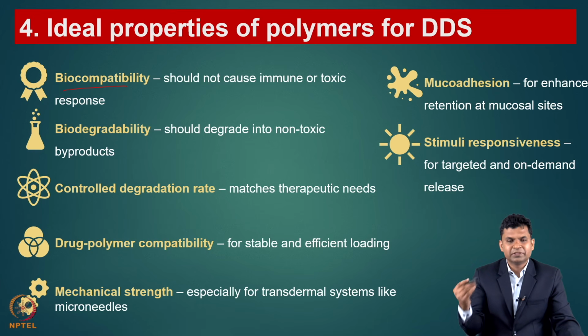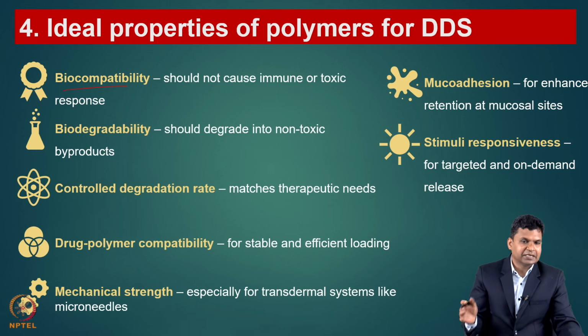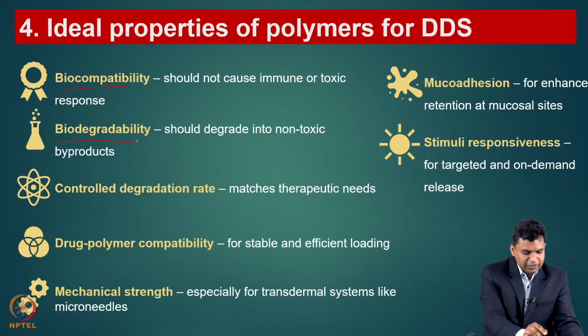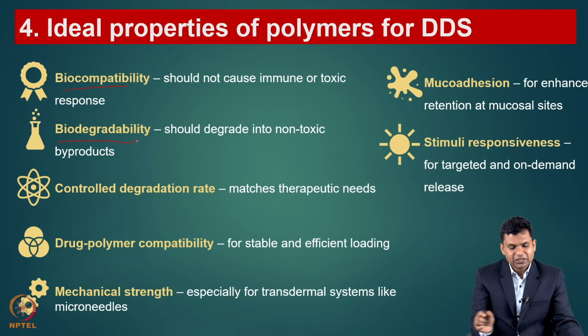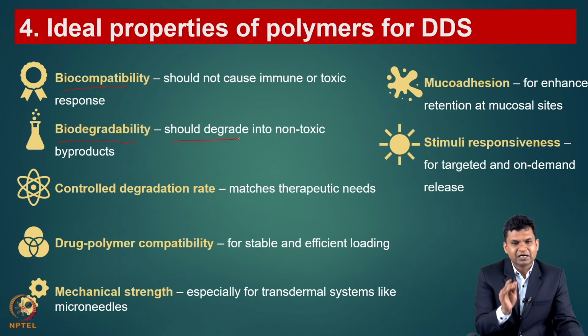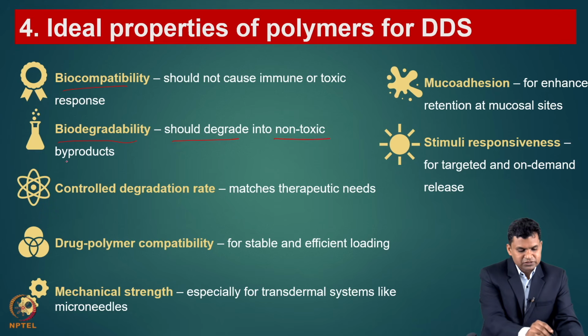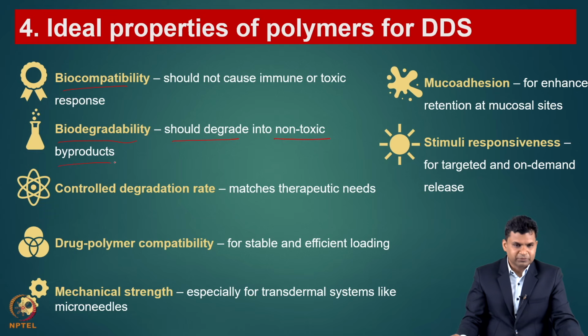Then only will regulatory people give the approval for your new polymer. And yes, whatever we use nowadays is already approved through the regulatory body. So, the second one is biodegradable. This we have already discussed, that after degradation, the metabolite or the active molecule will not show toxicity to human beings.